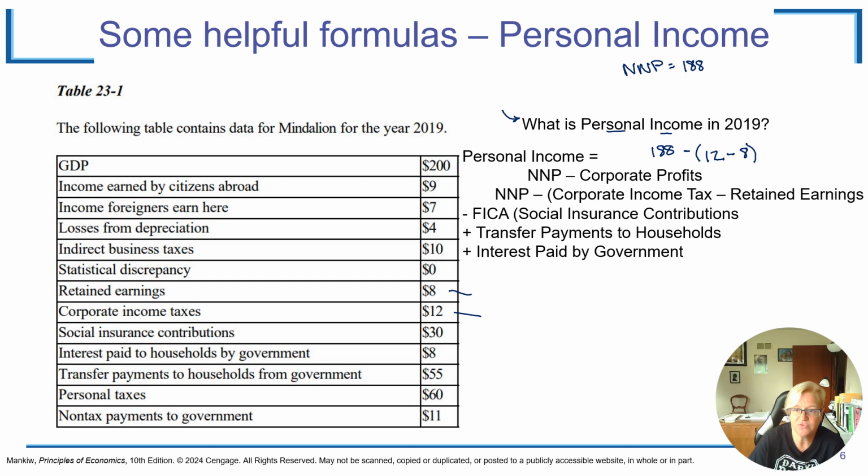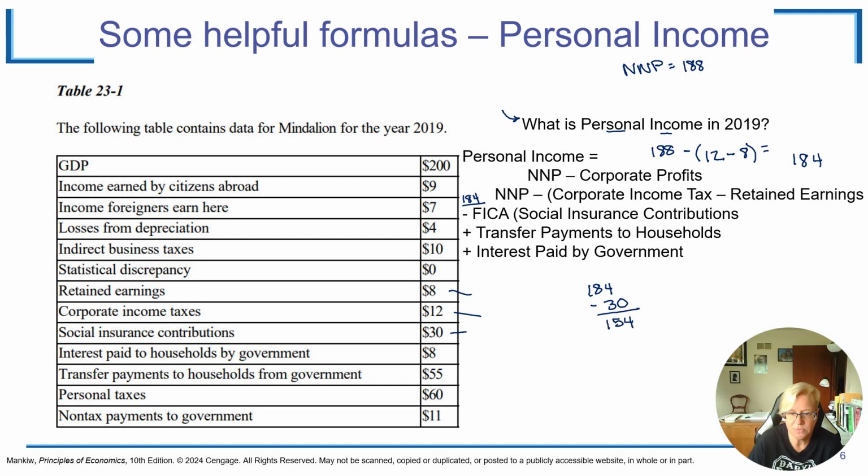12 minus 8 is 4. So 184 is what I have now. From that 184, I'm going to subtract social insurance contributions. That's $30 here. I'm just going to do this step by step. So now I have 154.